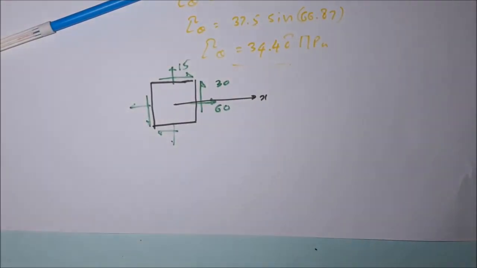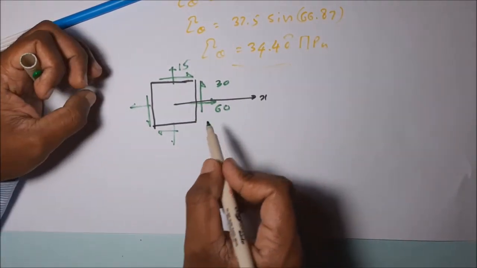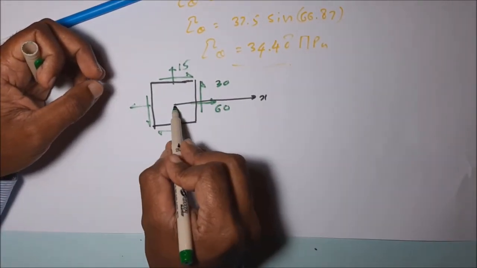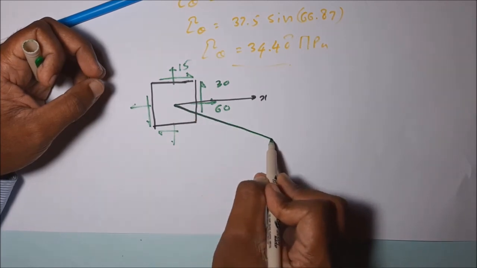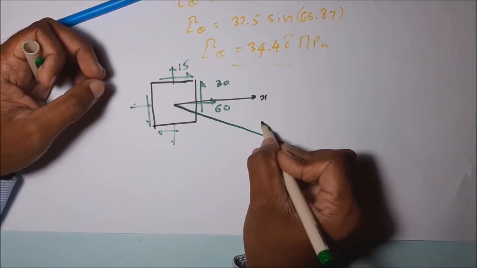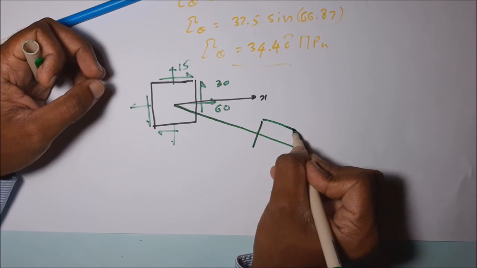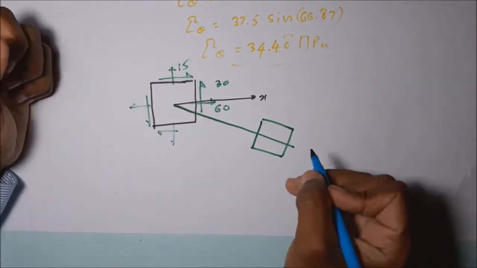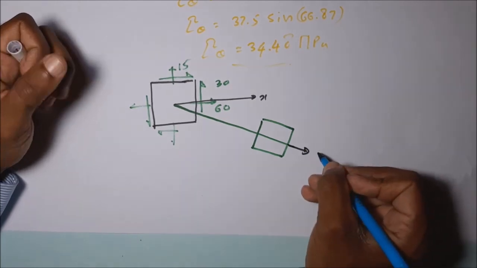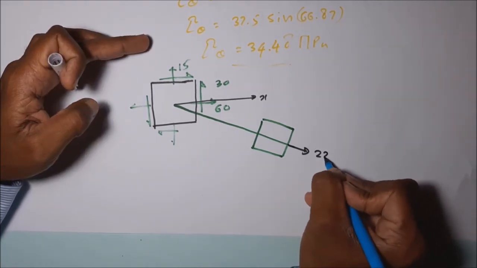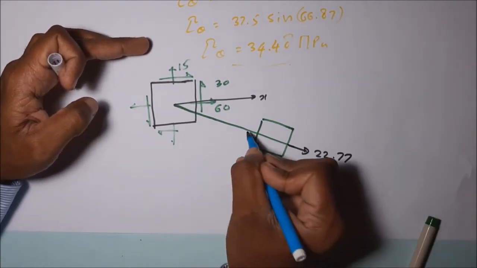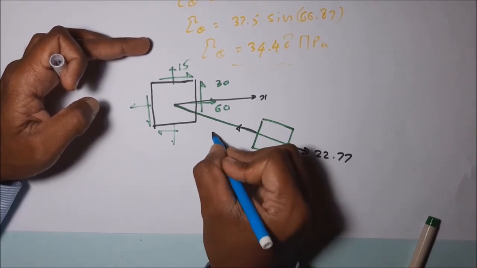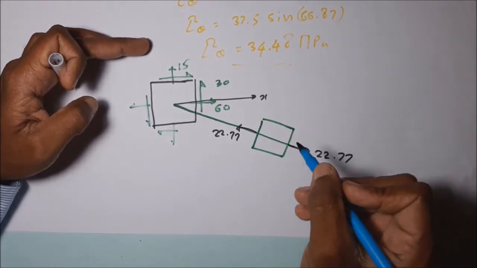On this diagram we can represent this at an angle of 30 degrees clockwise, which gives this kind of orientation. On this orientation, let's take the stress element. Sigma is 22.77.